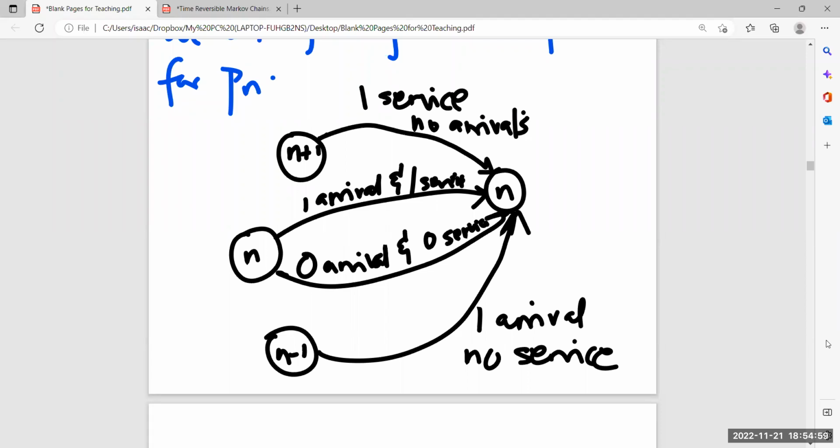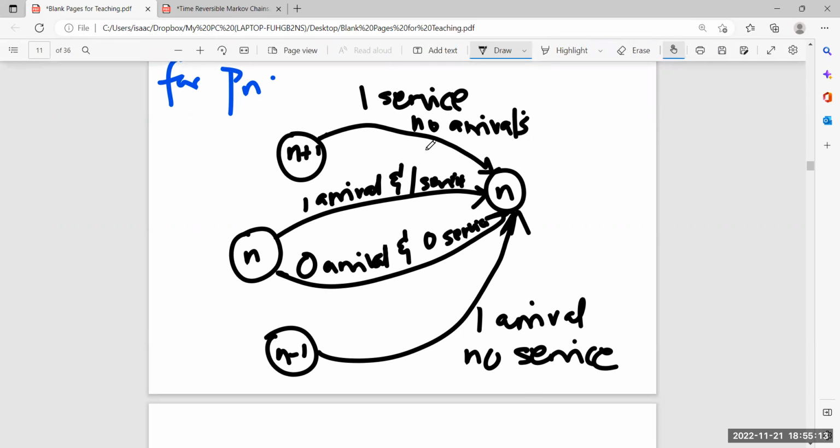So this diagram here is going to help us in writing these things down. Let's see how. Moving from n plus one to n, one person must leave for this number to decrease to n, and nobody should arrive.